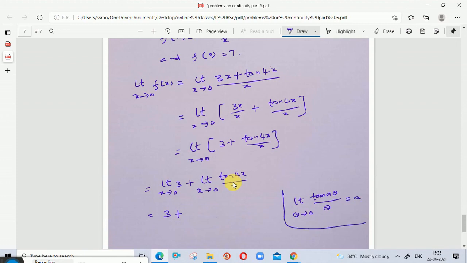We know this formula. So according to this formula, here it becomes 4. That is equal to 3 plus 4, which is 7. Also f of 0, given in the problem, is equal to 7.